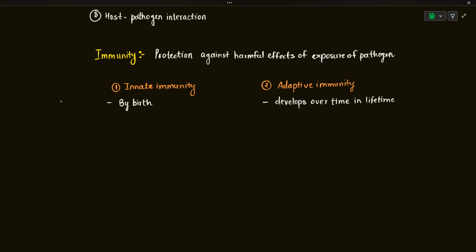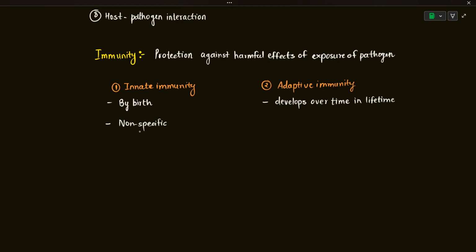The innate immunity that we possess is by birth, so it is non-specific. It does not matter which type of pathogen it is, it will work in the same way. The response that the innate immune components will have will be the same for all pathogens. For example, as I said, our skin is a part of innate immunity, right?